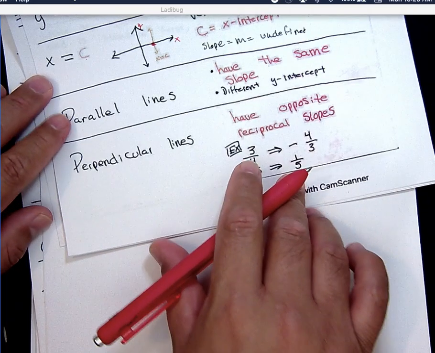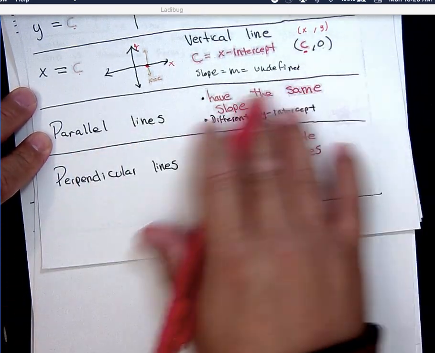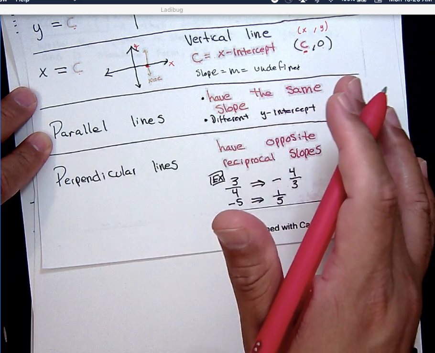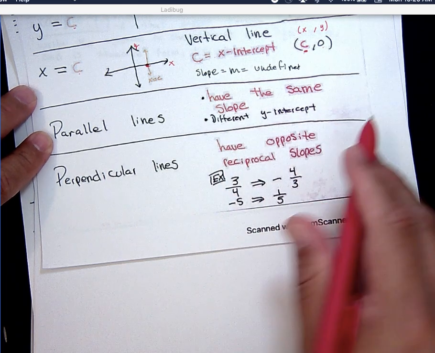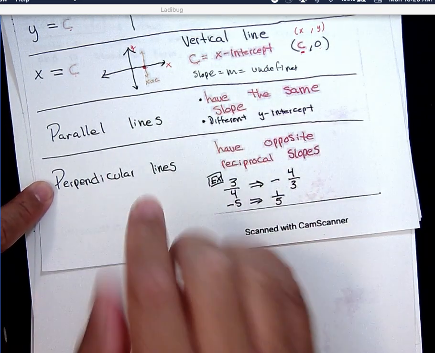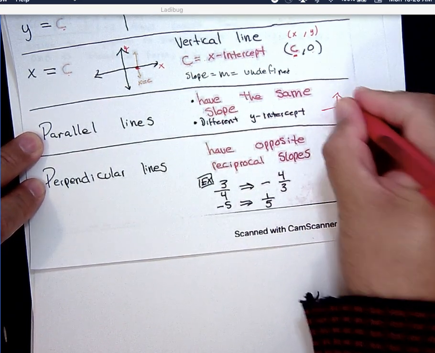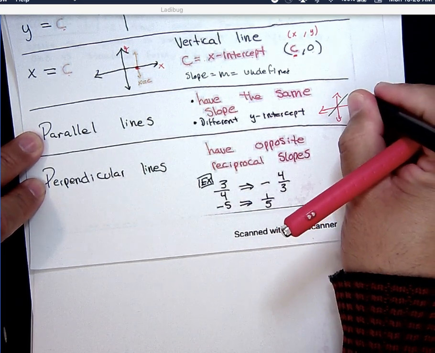Okay, the last two, remember, you're going to get lines. When they're parallel lines, they have the same slope, so the slopes will be equal, but they will have different y-intercepts. So these are parallel lines like this.